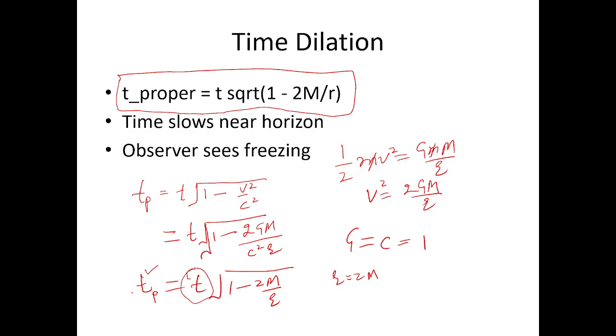Away from the horizon, this will be the proper time, but it will always be less than T. T proper is less than T is the situation.